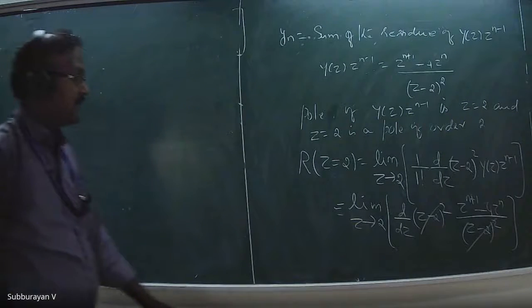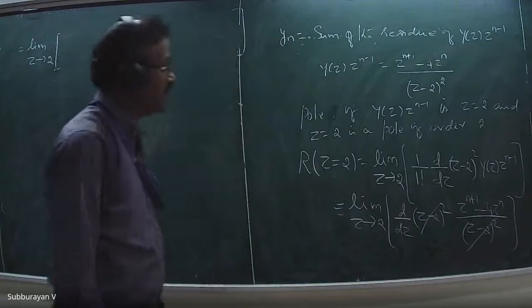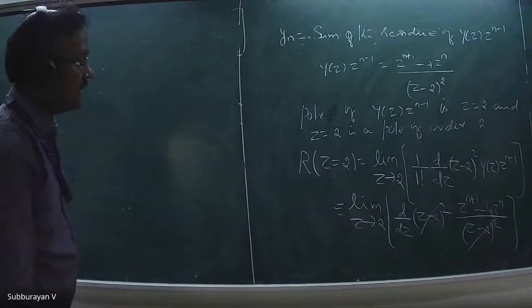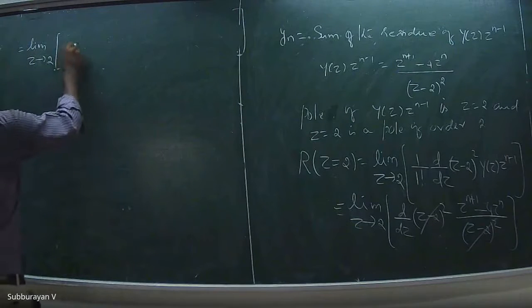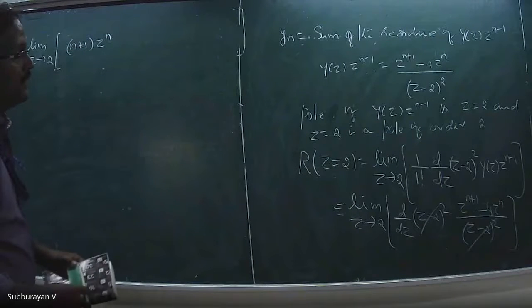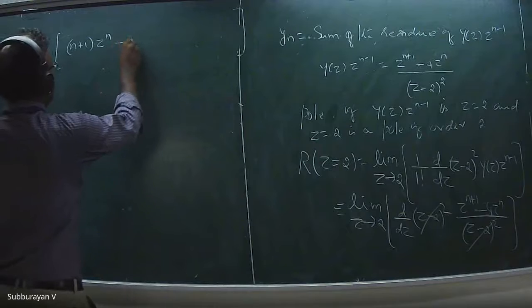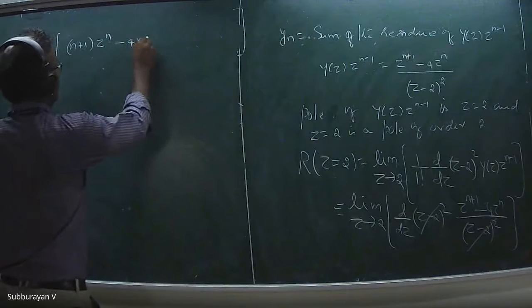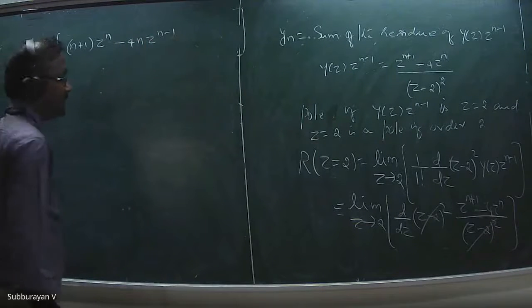What will happen if I differentiate this with respect to z? This is n plus 1 into z power n minus 4n z power n minus 1.